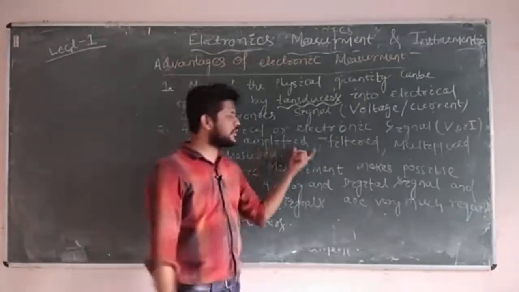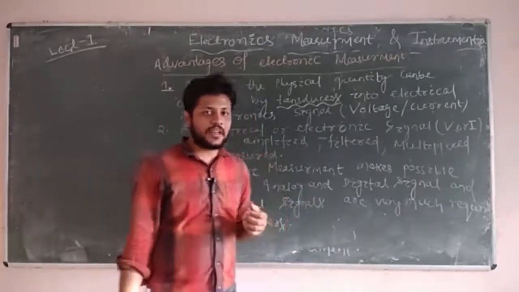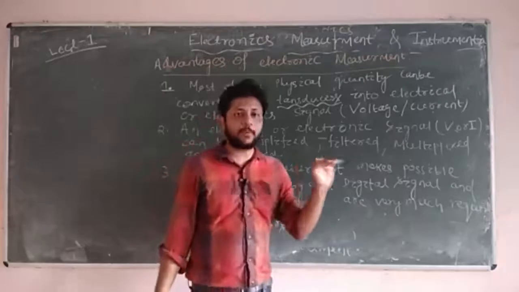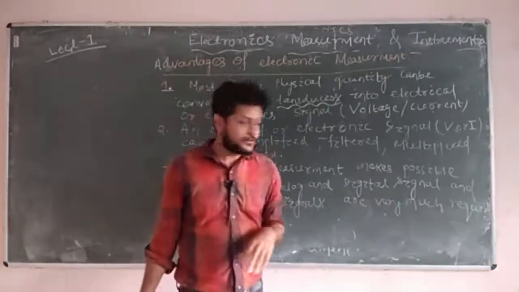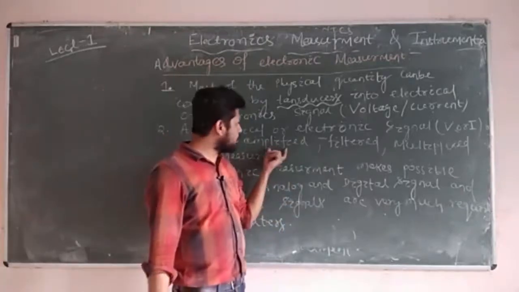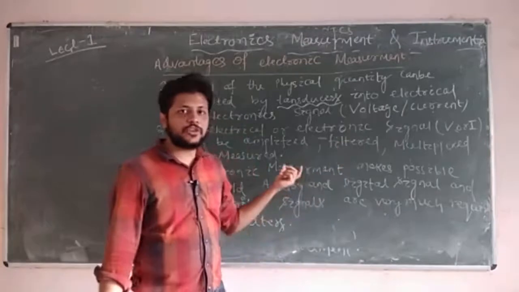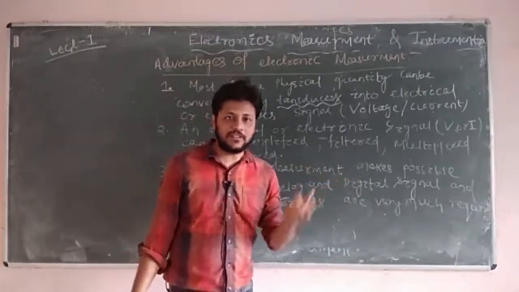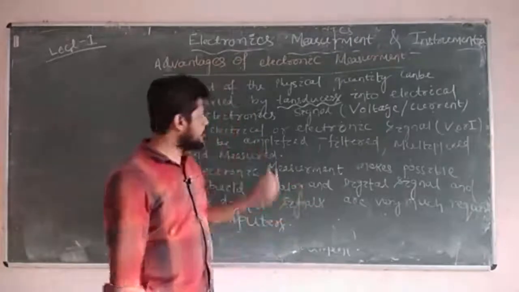What do you mean by amplification? Amplification means increasing the strength of the signal, because while the signal propagates, it attenuates. That means the power gets lost. Hence we are able to amplify the electrical or electronic signal by using electronic devices, for example a transistor or MOSFET for amplification purposes.